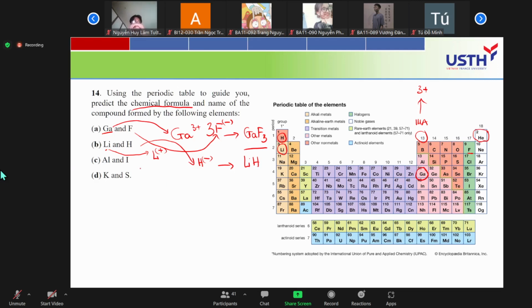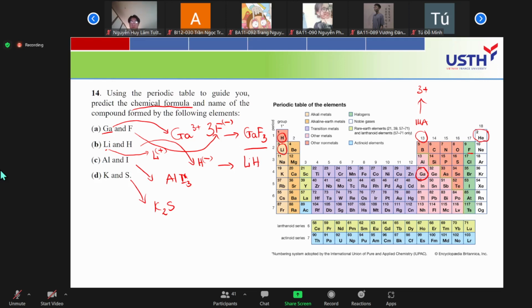Similarly, for aluminum and iodide you will have AlI3, aluminum iodide. Potassium and sulfur will form potassium sulfide. So it is based on the formation of ions you did in the last exercise.